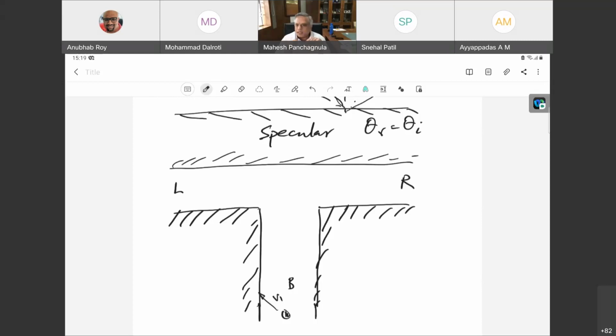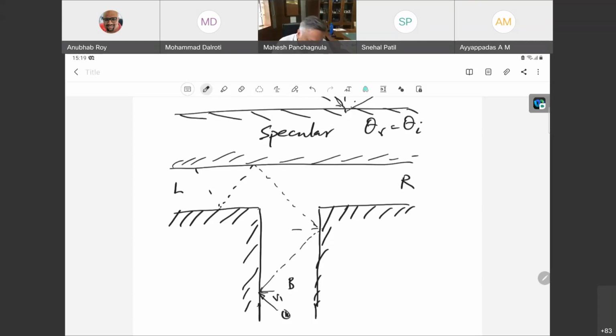Now each little reflection from this wall is a specular reflection problem, just like the previous one. So let's see if I can draw this unit normal here and extend this. It's going to travel along a straight line till that point, and then it's going to travel along a straight line further down. You can see that this is going to end up in the left branch.